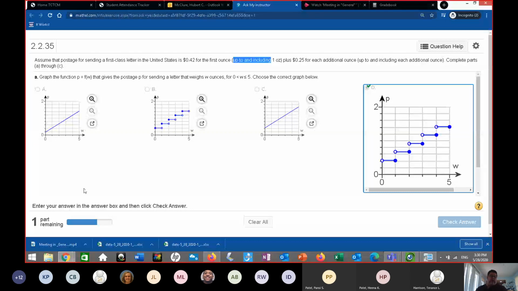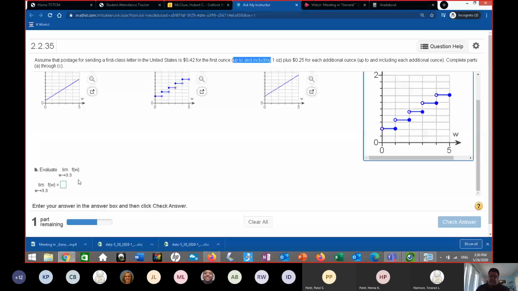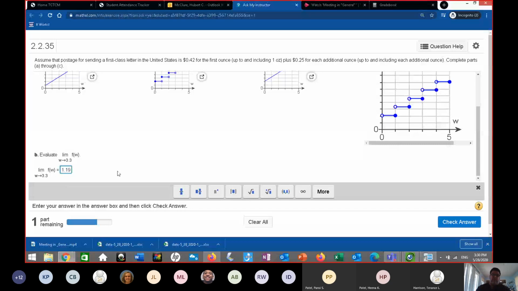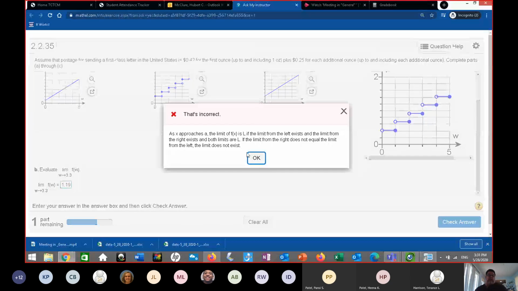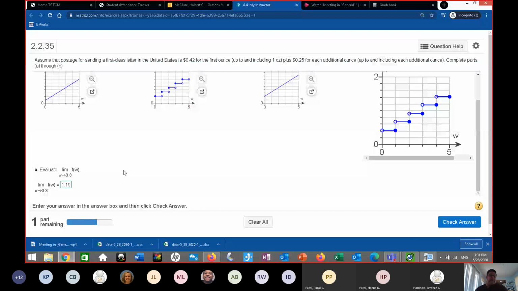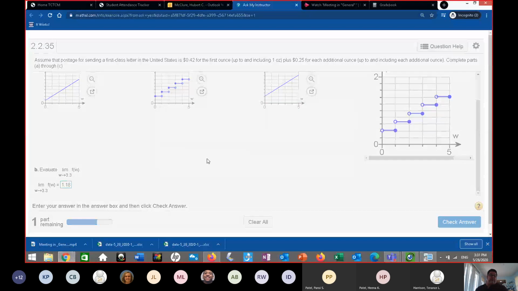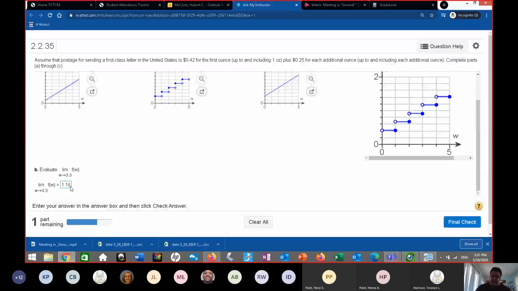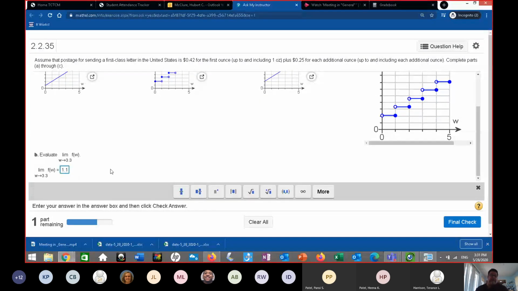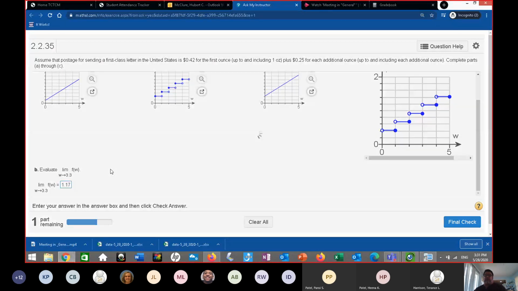So I'm gonna put in $1.19 and $1.18 and $1.17. You should be able to hit it with one of those three because it's not $1.15. There we go. It's not $1.15 because $1.15 would be in the middle right here.